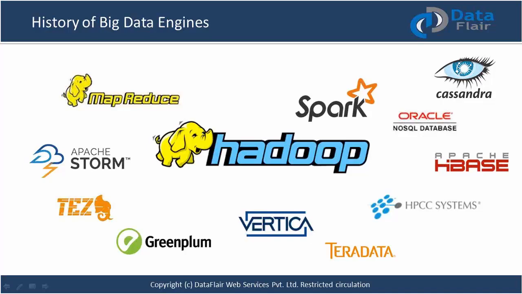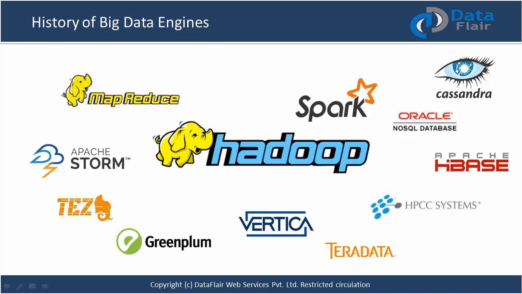Apart from that, guys, you might have heard about MongoDB, Teradata, Greenplum, Vertica, HPCC, Cassandra, HBase, Storm. Whoever is new for all these terms, please make a note of all these terms. These are popular big data solutions. Not all of them, few of them are pretty popular.